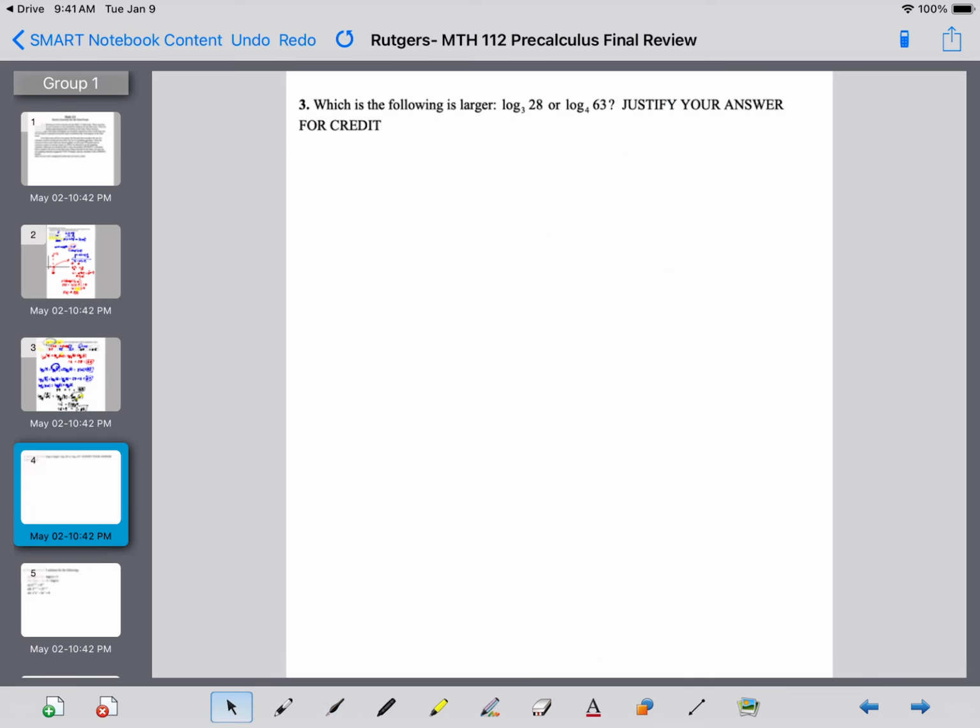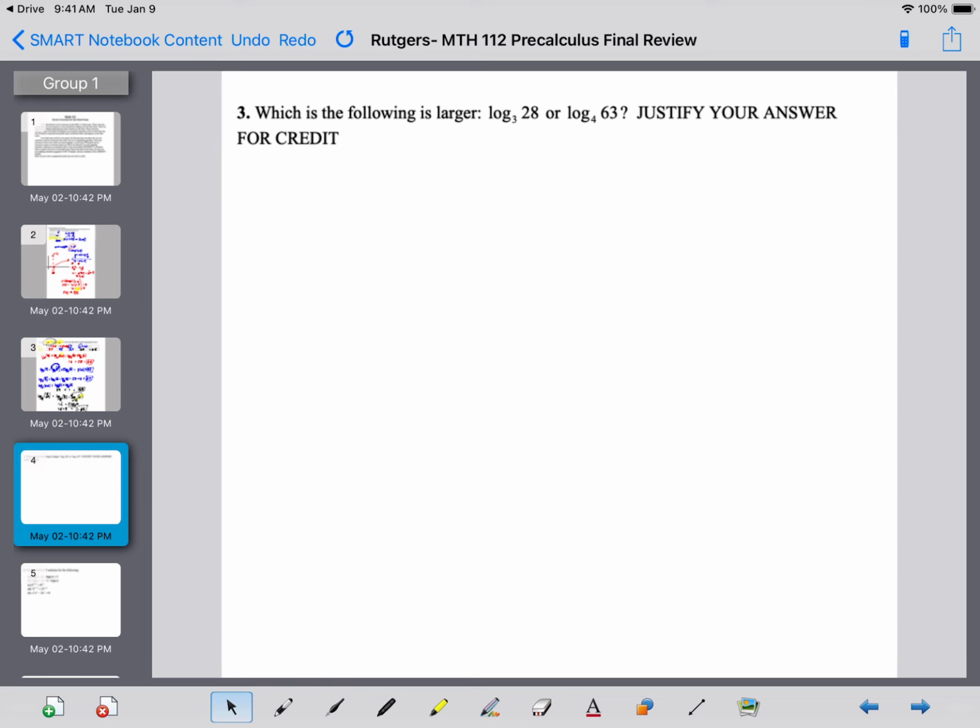Now for question 3. Which of the following is larger? Log base 3 of 28, log base 4 of 63. So let's list out 3 to the x, which is the inverse of a log of base 3, and 4 to the x. Let's list out those inverses.